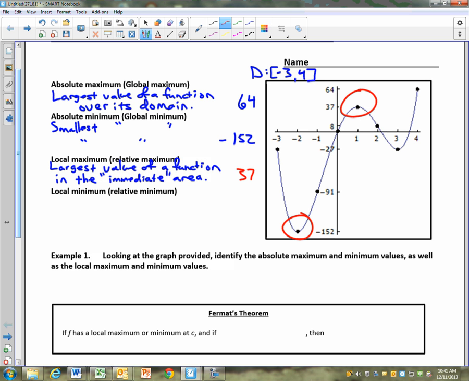In this immediate region, that's the biggest value, because if we move to the left, the graph drops. If we move to the right, the graph drops. Okay? And so for this part right here, as we define local minimum, we would say smallest value of a function in the immediate area, and we would have two of them. What are they?